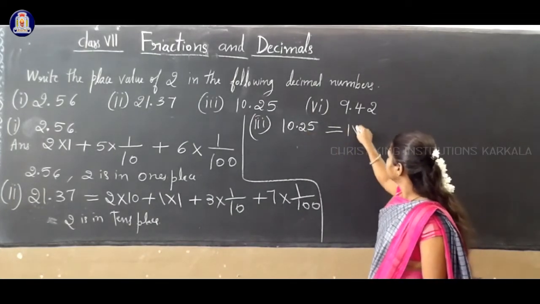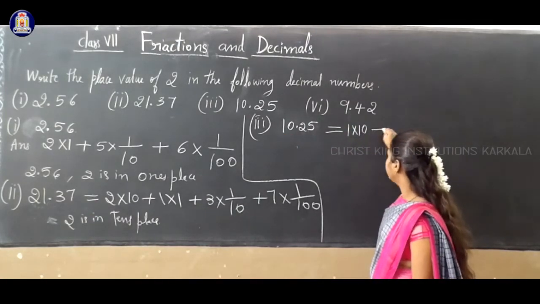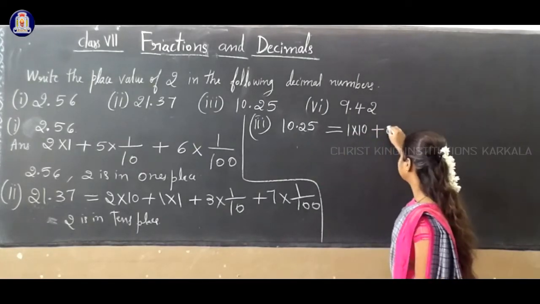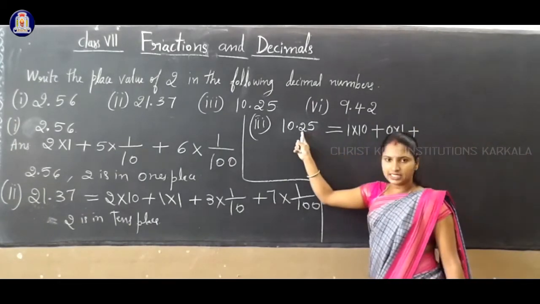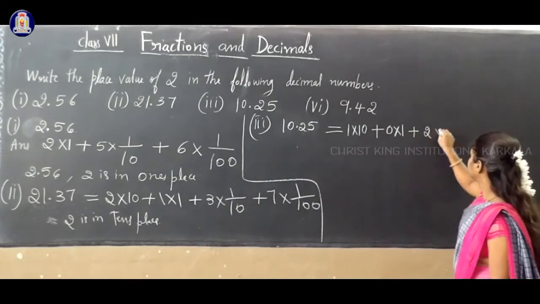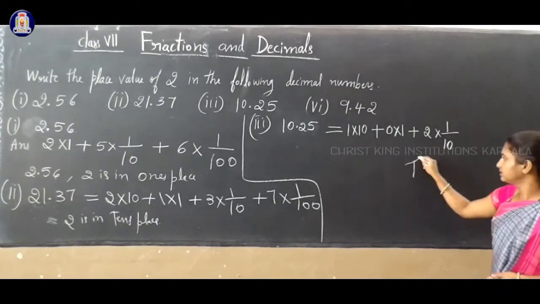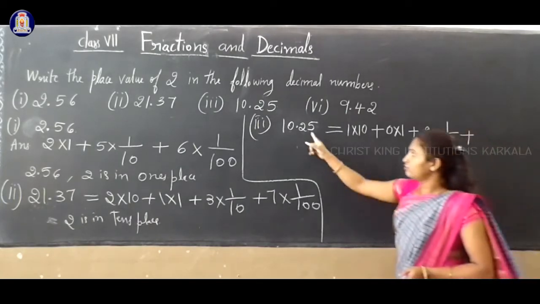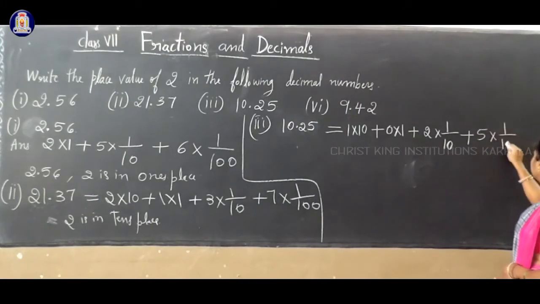Now 1 is in tens place, so we write 1 into 10, plus 0 is in ones place, plus 2 is in tens place, 1 by 10, plus 5 is in hundreds place, so 5 into 1 by 100.